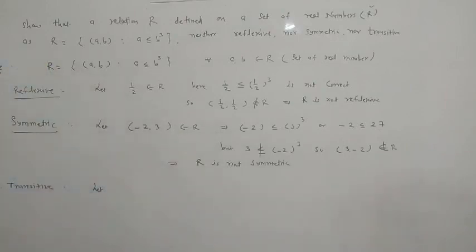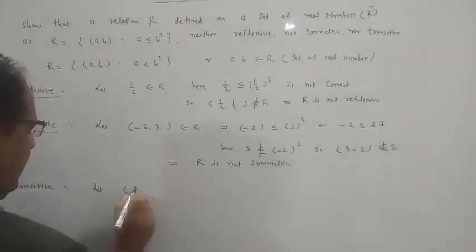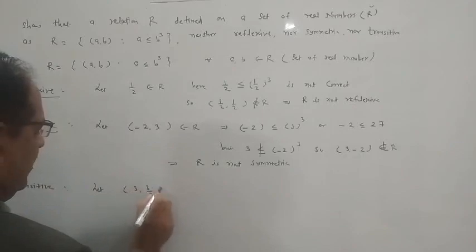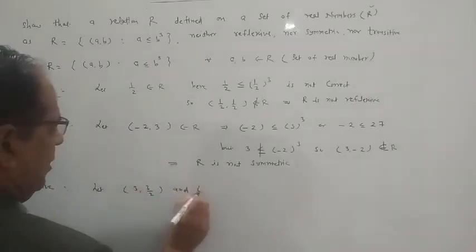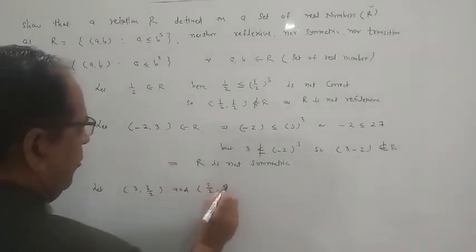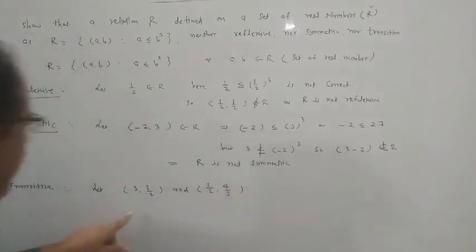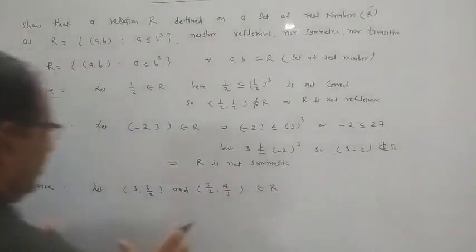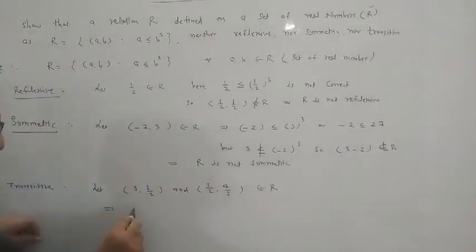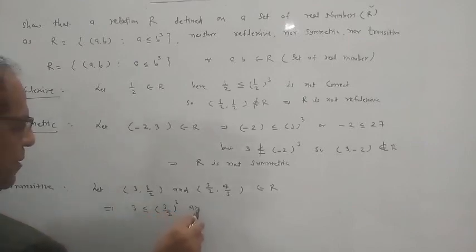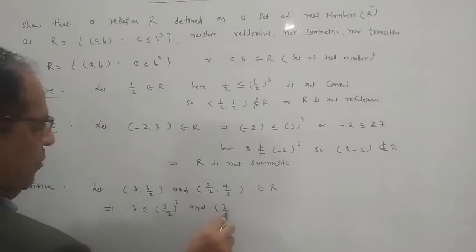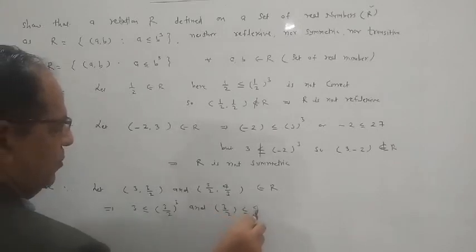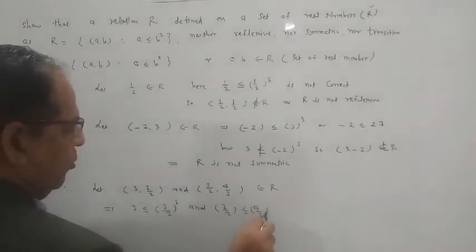So let (3, 3/2) and (3/2, 4/3). Suppose we take two pairs belonging to R. This implies that 3 is less than or equal to (3/2) cube and 3/2 is less than or equal to (4/3) cube.